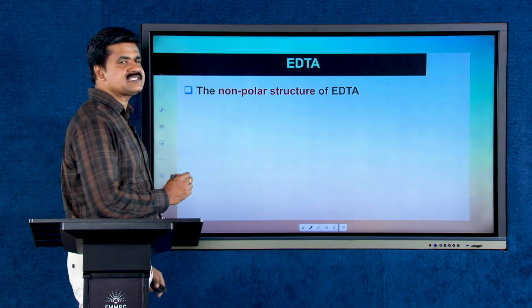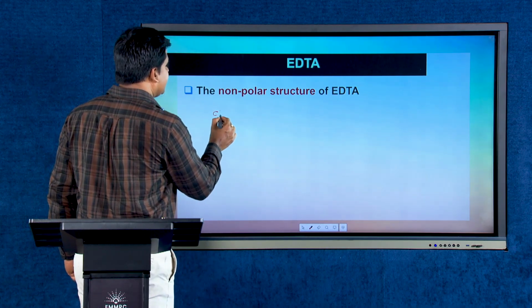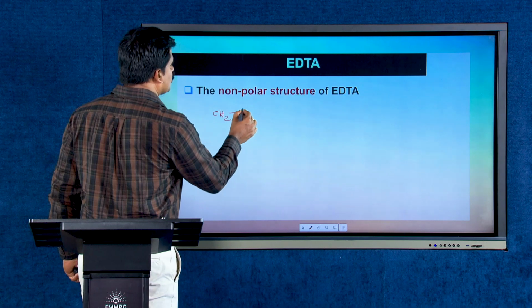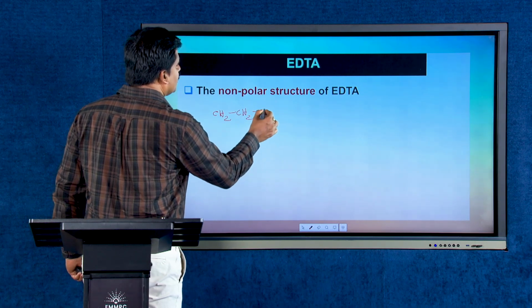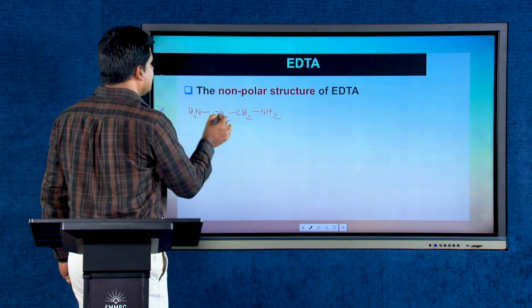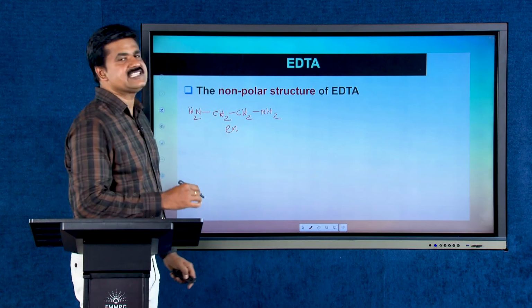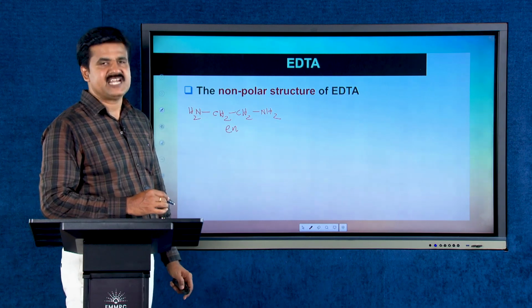So you have to represent the molecule ethylene diamine first. What is ethylene diamine? CH2 single bond CH2, NH2, and I am putting another NH2. This molecule is abbreviated as EN, or it is otherwise called ethylene diamine.